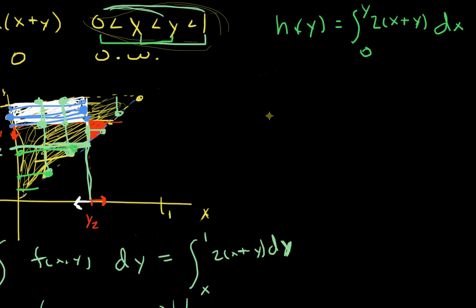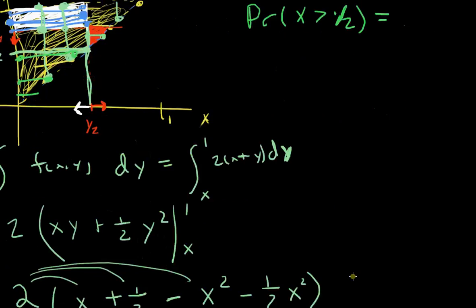All right, so that's how to calculate the marginal distribution, and we talked about how to calculate probabilities involving both x and y. You should be able to calculate probabilities involving only x, such as this one. To calculate this, you would first need to find the marginal distribution.